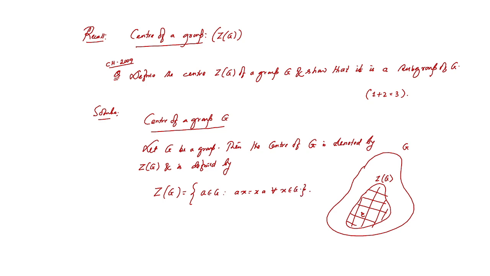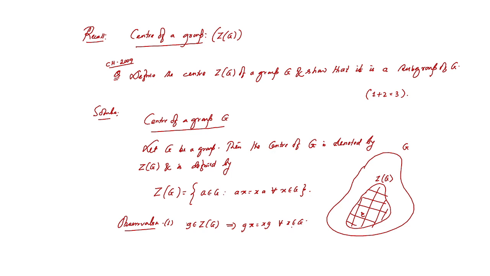Okay. So here you just observe the elements. If one element belongs to Z(G), so here the observation: one, if say g belongs to Z(G), it belongs to the center, that means g commutes with every element. So g x equals x g for all x belongs to G. So if an element belongs to the center, that means it commutes with every element of the group.